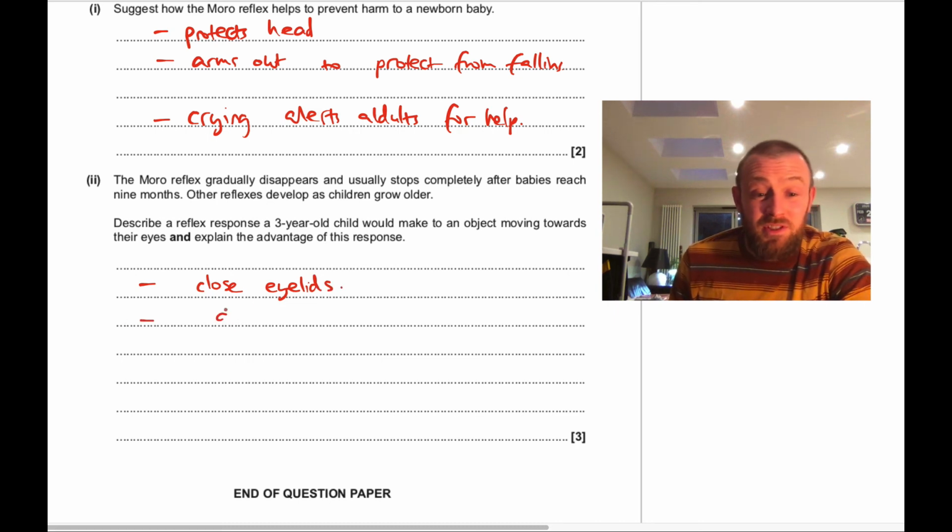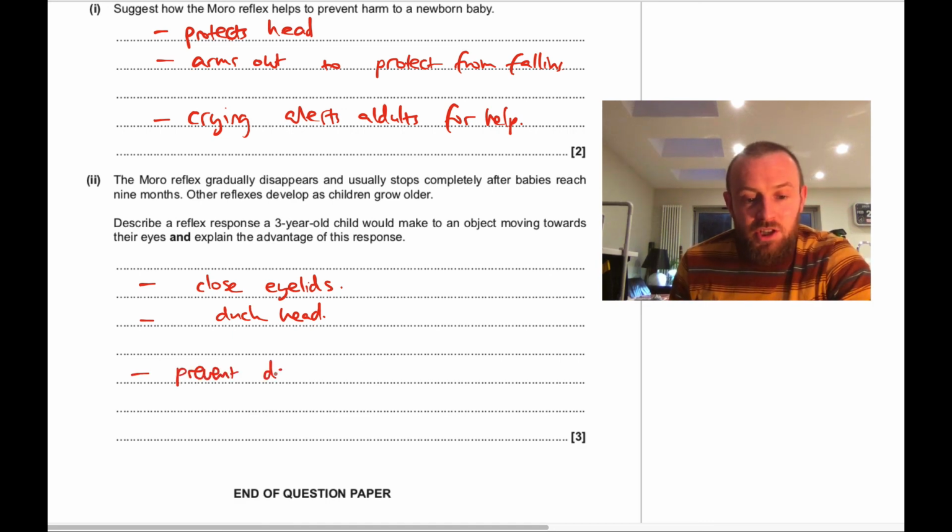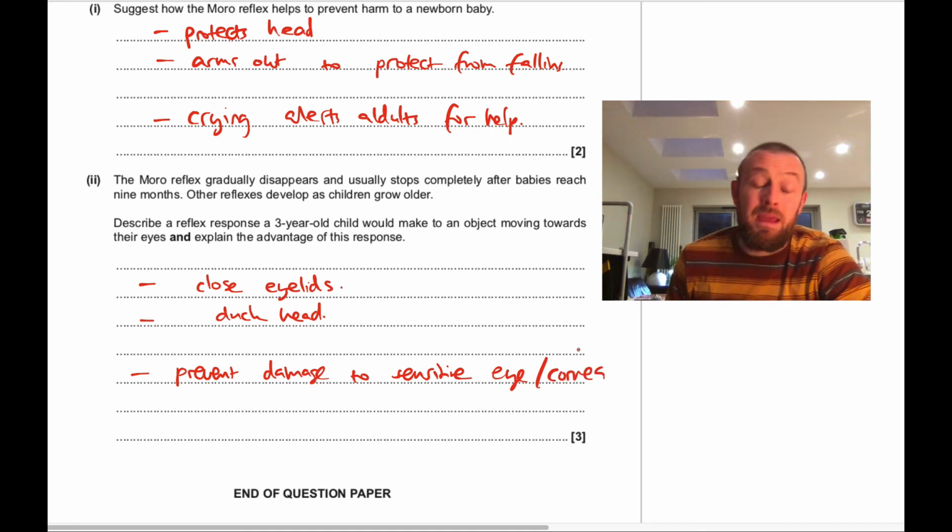They might even duck their head, and this would prevent damage to the sensitive eye/cornea, and may even avoid the object entirely if we're talking about ducking.